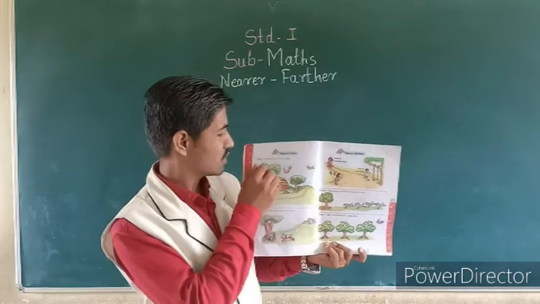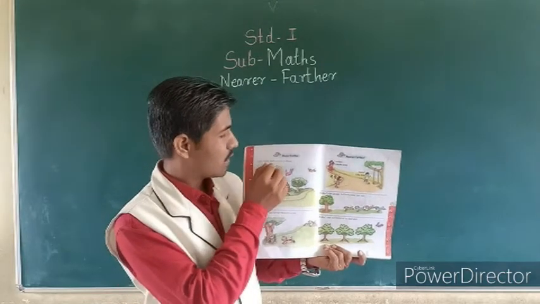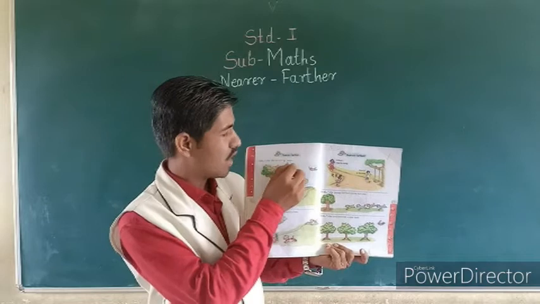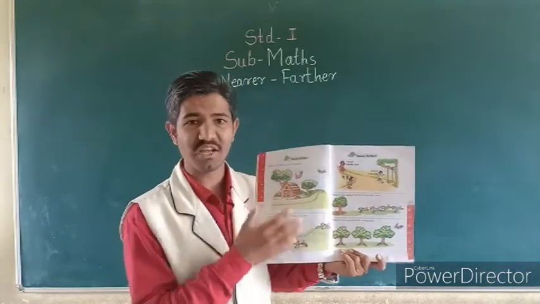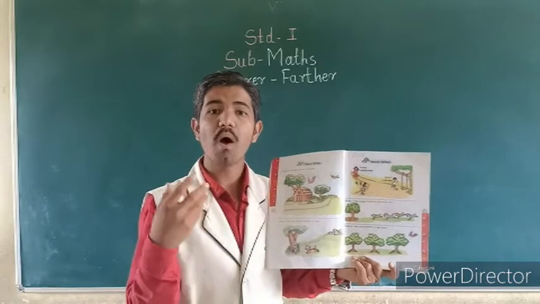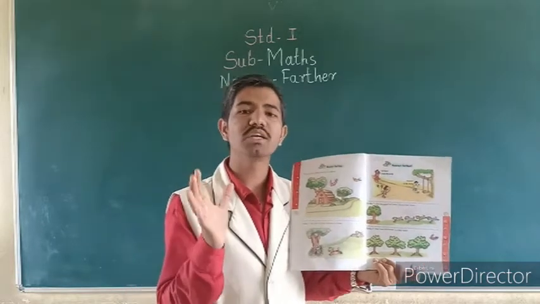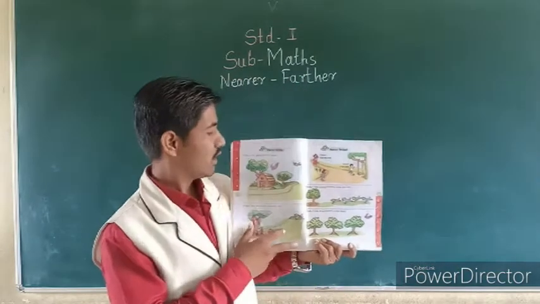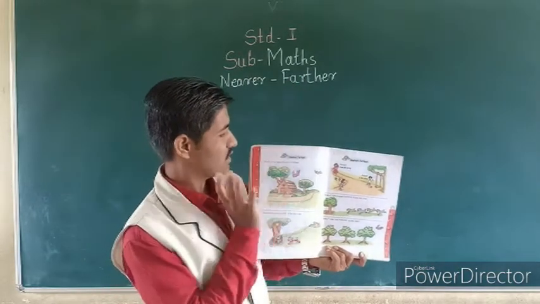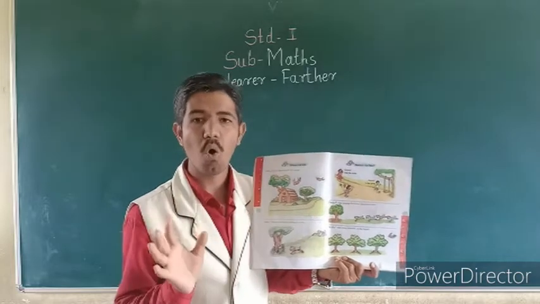So see what the question is. Take the bird nearer to the home. So which bird is nearer and which bird is farther? You have to take the correct one. See here, the pink bird is nearer to the home.